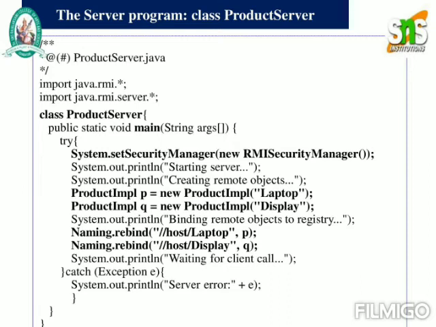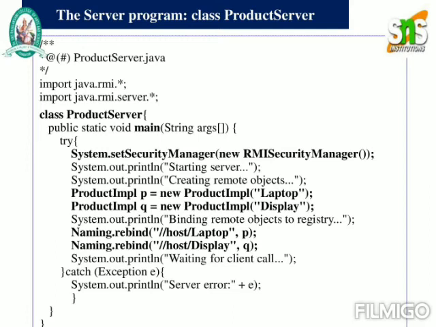I display a message using System.out.println that says starting your server. The second step is creating a remote object. Here I'm going to get the two product details: the first is laptop and another is display. Then I display a message called binding remote object to the registry.